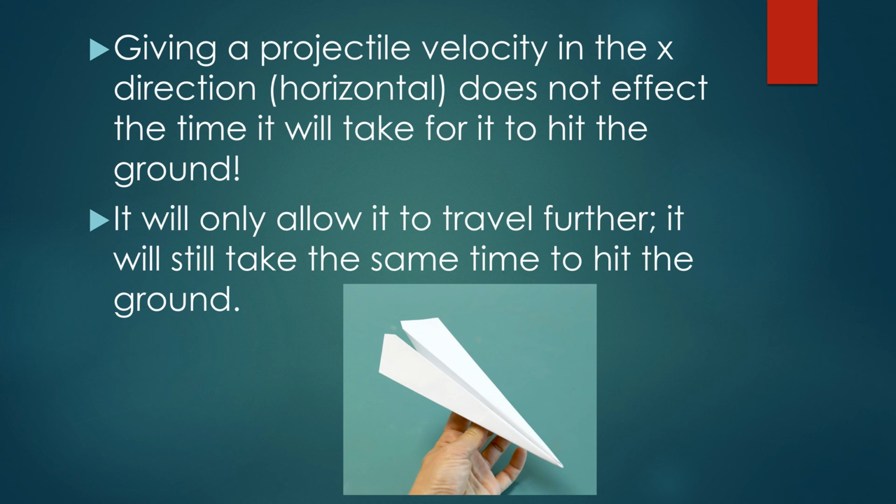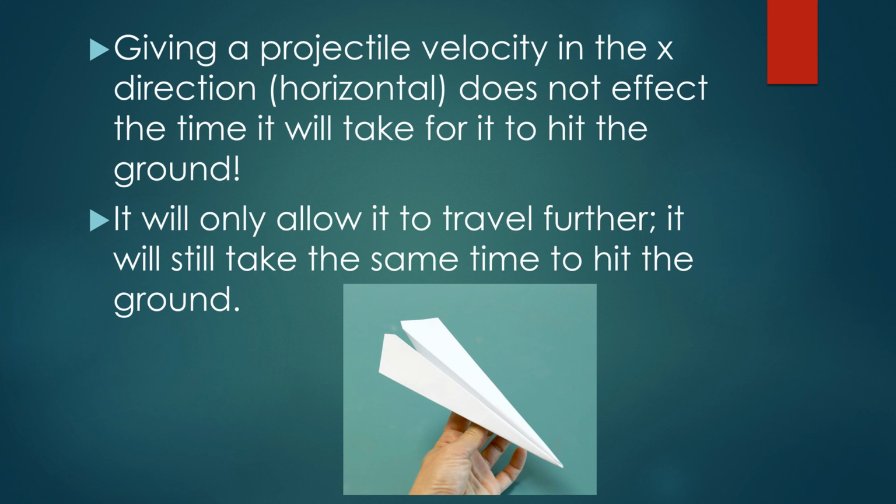So here's the paper airplane. Giving a projectile velocity in the x direction, horizontally, does not affect the time it will take for it to hit the ground. And this is what usually blows students' minds: you could shoot a bullet out of a gun and then drop a bullet from your hand.